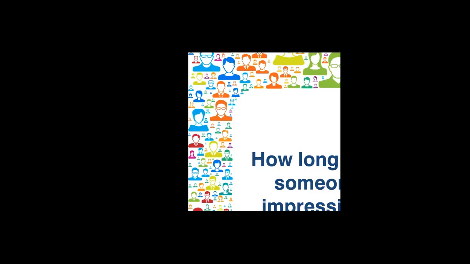All right, so I think people are having an attempt at the poll. So let's have a look and see. How long does it take for someone to form an impression about what they see online? So I'll just give people a few more moments to have a think. I think we're pretty much there.